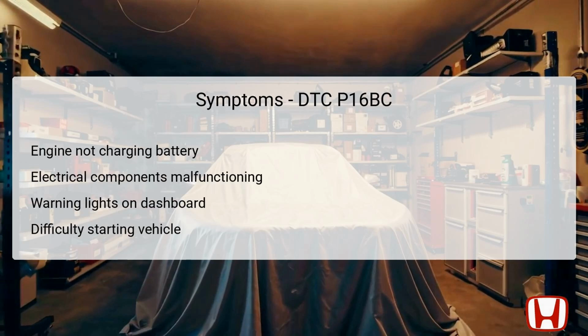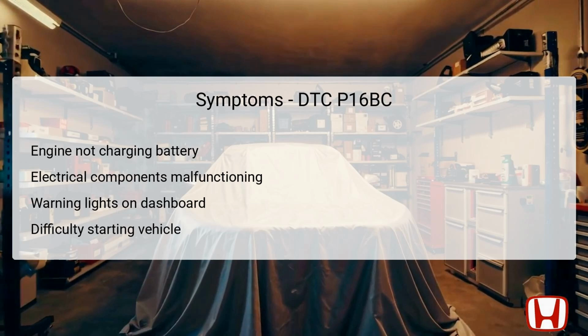When experiencing the DTC P16BC error code, several symptoms may manifest, indicating a problem with the alternator's functionality. Primary among these is the failure of the engine to charge the battery effectively, leading to a drained battery over time. Electrical components, such as the radio, lights, and dashboard functions, may begin to malfunction as they rely on a stable power supply.